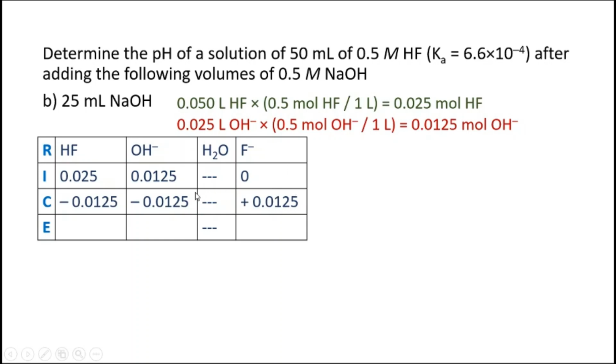And so when we look at the initial and the change at equilibrium, our HF is going to have a new amount of 0.0125, our F minus is going to have a new amount of 0.0125, and all of our OH minus is gone because all of it reacted.